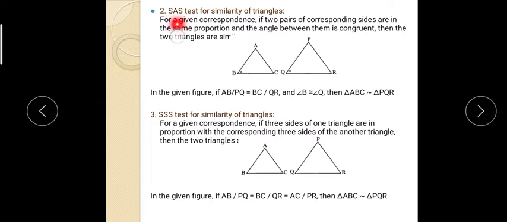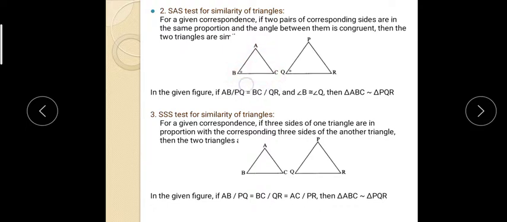Now next, the SAS test of similarity of triangles. For given triangles, if two pairs of corresponding sides are in the same proportion and the angle between the two sides is equal, always remember that, if AB upon PQ is equal to BC upon QR, which angle is included between AB and BC?